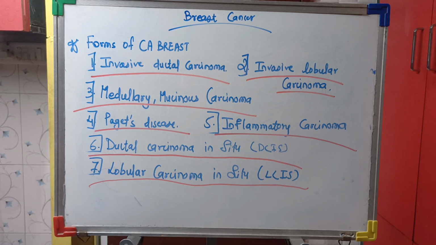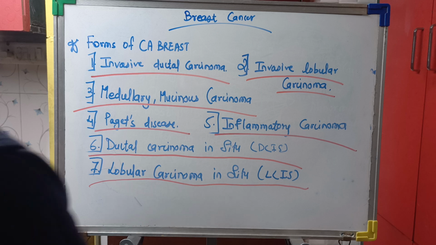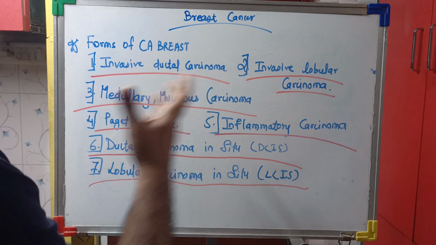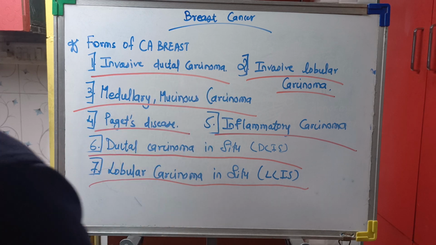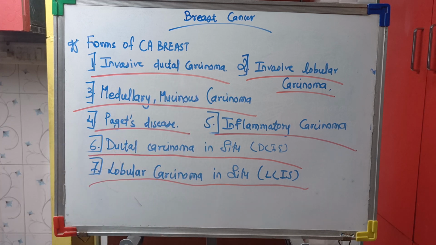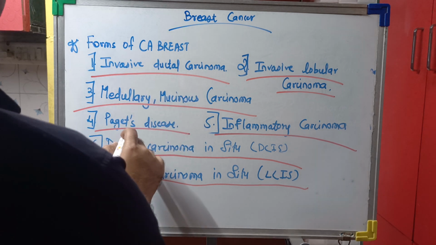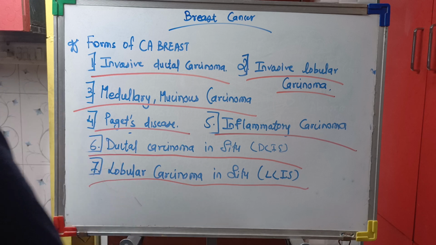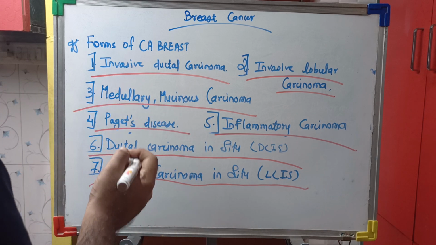The third one is medullary mucinous carcinoma. It is a slow growing type, meaning the growth of this carcinoma is slow, and it occurs in 1% of cases. The fourth one is Paget's disease. It starts in the milk ducts and can spread to the areola above the nipple.